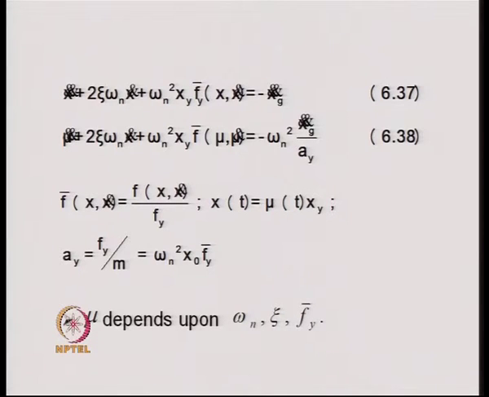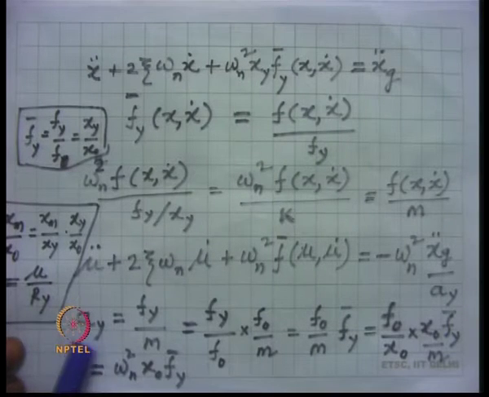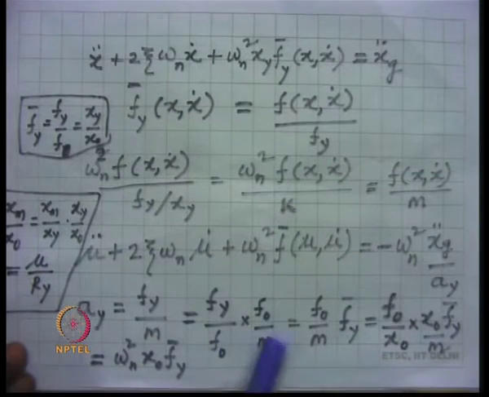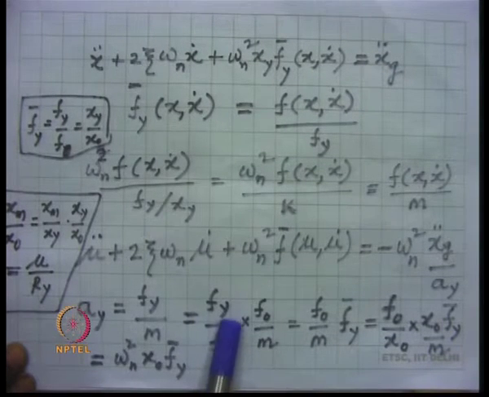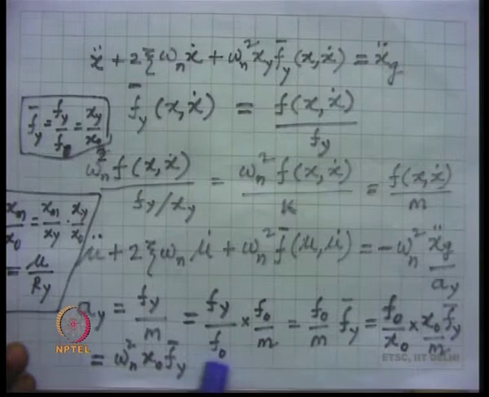This proof is shown over here in this derivation. We write down first a y is equal to f y by m, and this is then manipulated like this: f y divided by f 0 multiplied by f 0 by m.